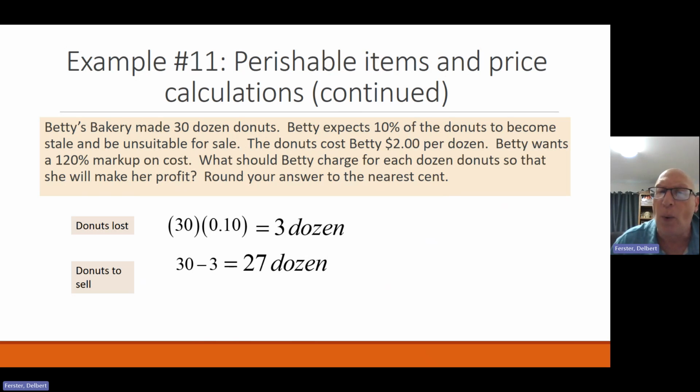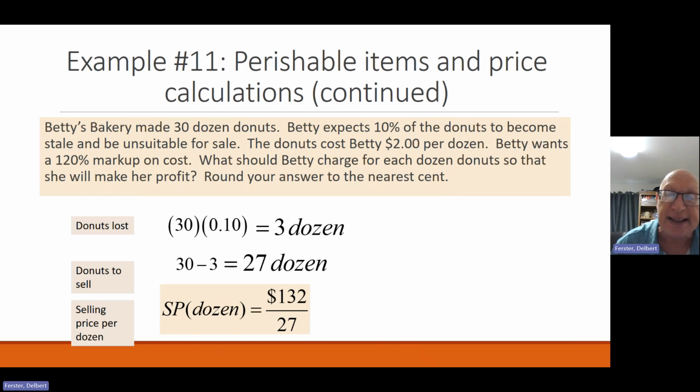So what we're going to do? Well, on that previous slide, we figured out that she needed to sell for $132. We calculated that on the previous slide. We're going to divide it by the number of dozens that are able to be sold. In this context, that's the 27.